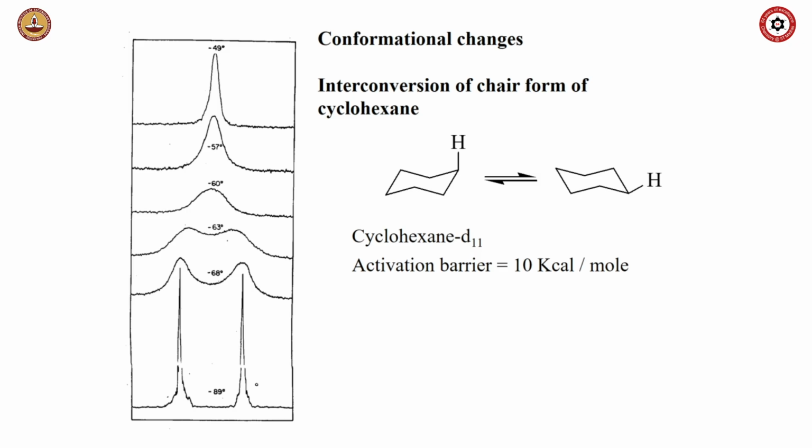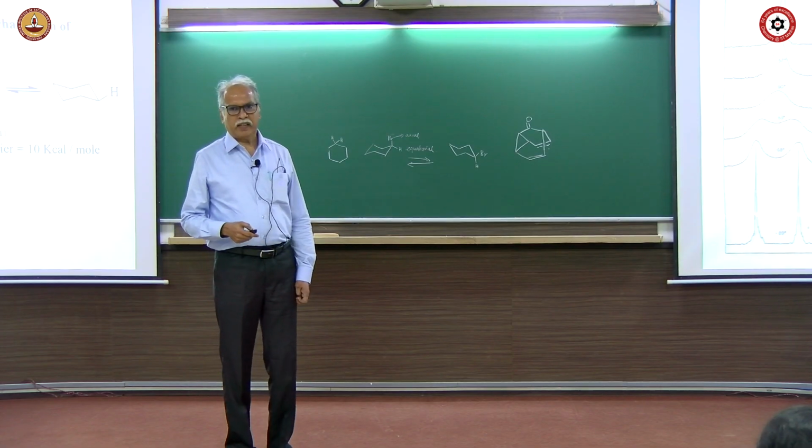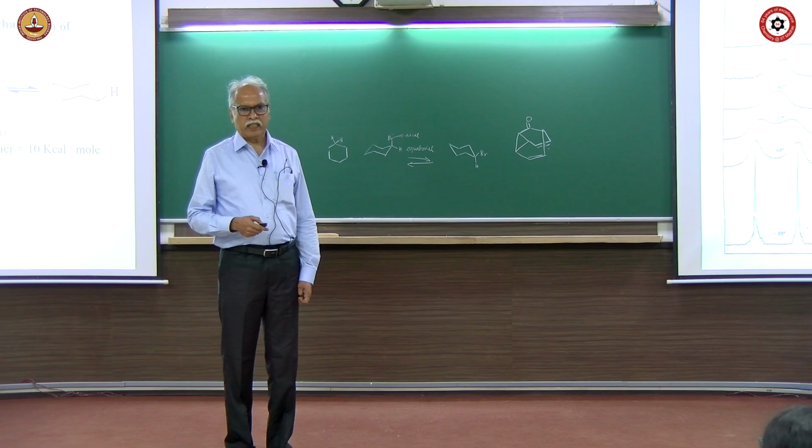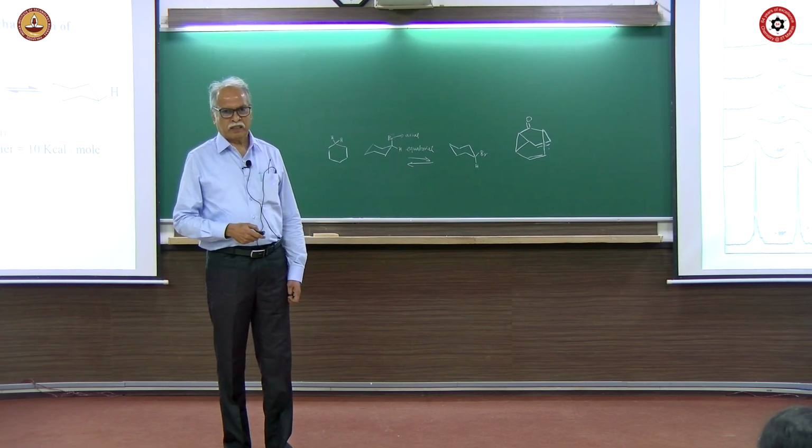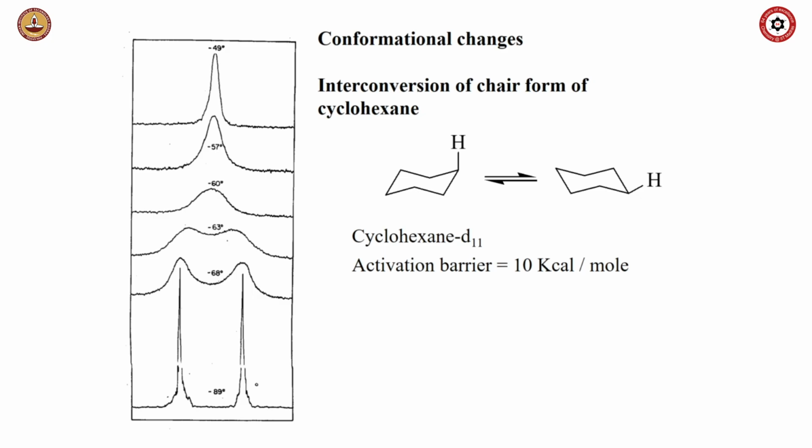The sharpness of the peak has something to do with the lifetime of the proton in the chemical environment. In other words, the uncertainty principle is applied here. Here the two states are clearly visible. That means the process is extremely slow here. So as a result, the equatorial hydrogen and the axial hydrogen are nicely seen in the NMR spectrum.